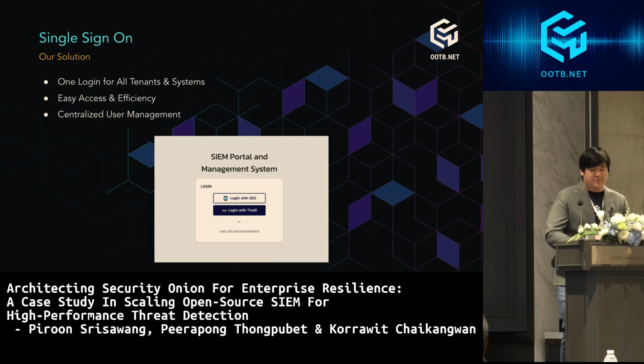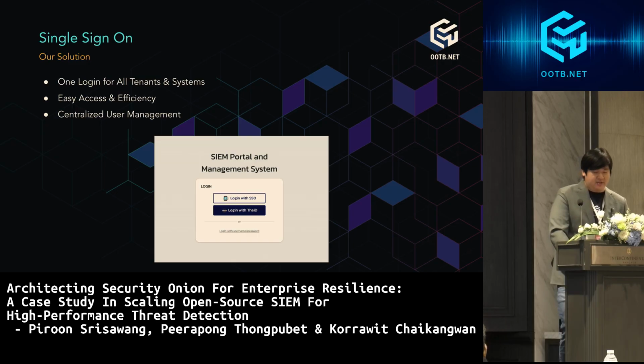This makes the experience seamless and reduces friction. Easy access and efficiency: analysts and managers can move between tenants and dashboards instantly after login. No repeated credentials, no session juggling. For enterprise scale environments, this efficiency adds up to a lot of saved time and reduced errors.